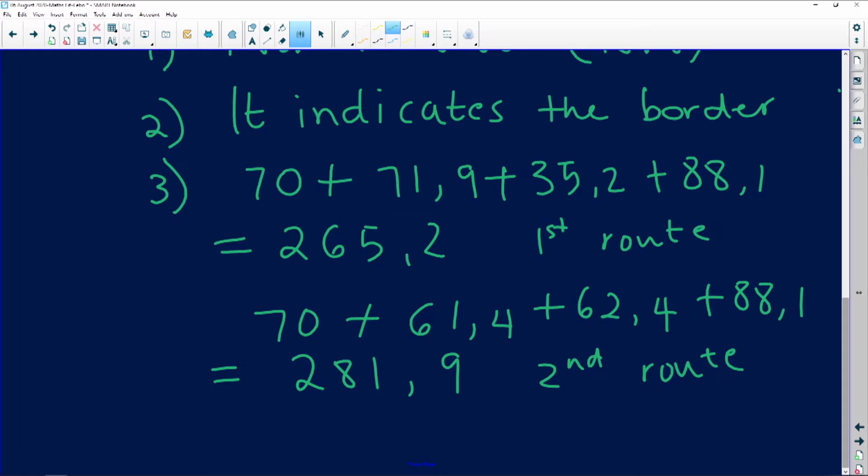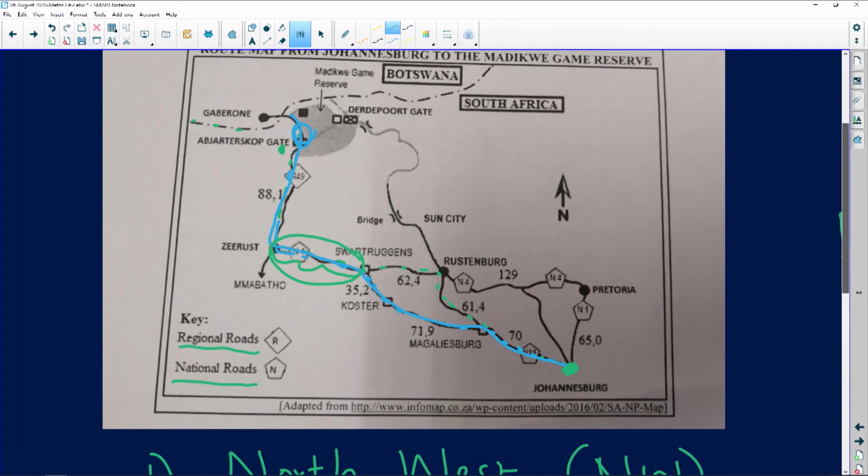Have I answered my question? I have not answered my question because it said to me which route is going to be the best. So now I can say the route that is best in terms of what I'm going to use. Let's look at the best route, because I did say that it would be that blue route over there. So you can say via the N14 past Magaliesburg, past Koster, and then obviously after that it's going to all join there at Swartruggens.